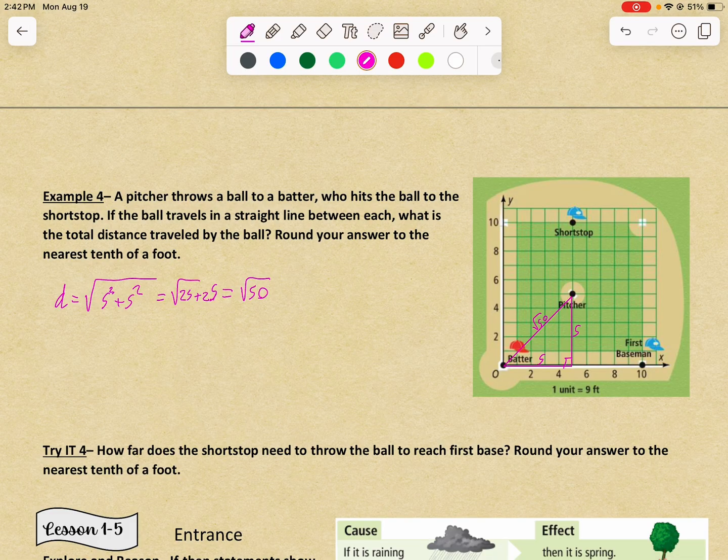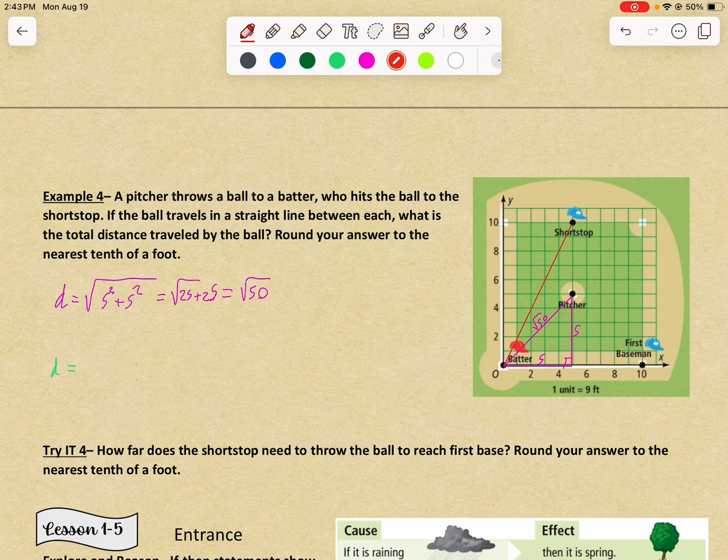I want you to take a moment to find the distance between the batter and the shortstop. Okay, so what's the distance from here to here? And that did not color very well, so let me switch colors, put it in red. The ball goes from the batter to the shortstop. What's the distance there?